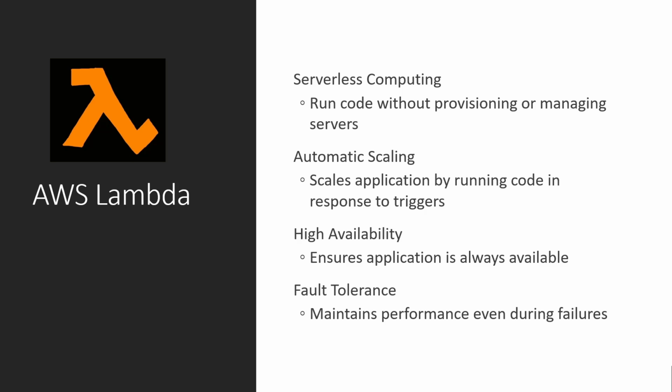That is because it is a serverless computing service that allows you to run your code, and it will automatically scale your applications by running your code in response to triggers, which will ensure high availability and fault tolerance. Now, Lambda allows you to focus on what you do best, which is writing code, allowing AWS to handle the rest, which makes it a very powerful tool for building scalable and resilient applications.